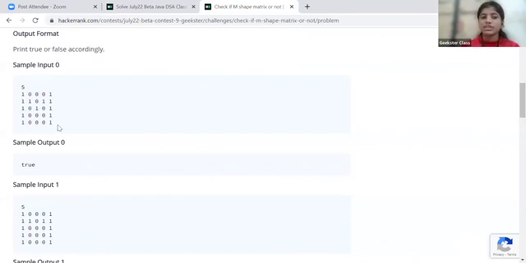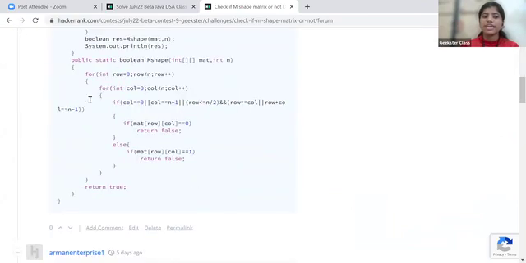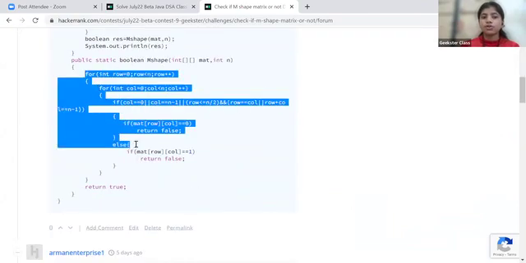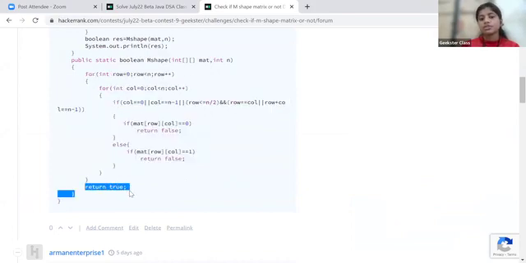So I can straight away return false from there, right? Yes. Okay. And if it is not so, if we have just looped over all the row column values and we haven't returned false, it means you need to return true. That is a valid M-shaped matrix.